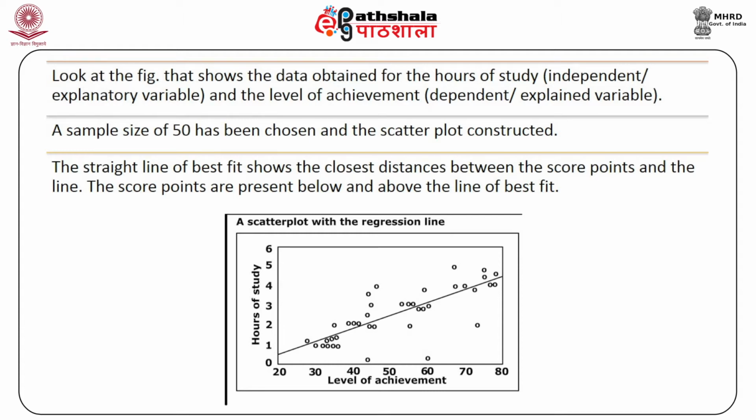You can have a look at figure to observe this scatter plot, that the greater the number of hours spent in studying, the greater is the level of achievement. The line of best fit is indicative of a positive relationship and a strong one, as the slope of the line is quite steep with respect to correlation.